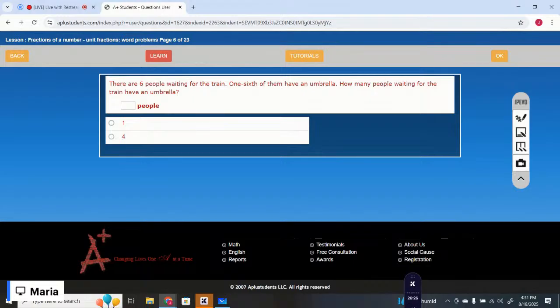There are six people waiting for the train. One sixth of the people have an umbrella.